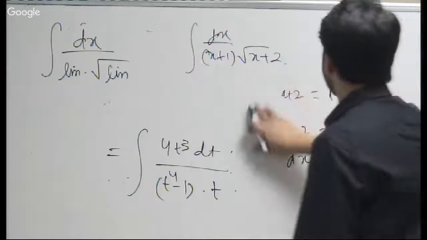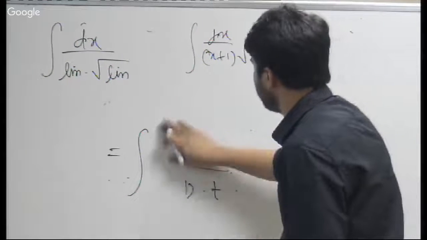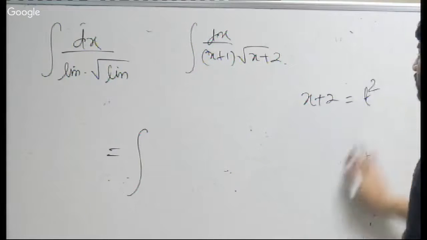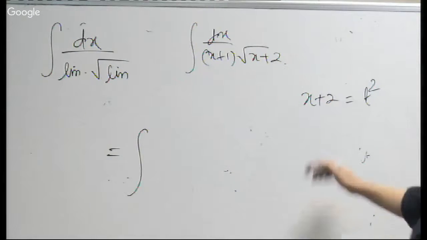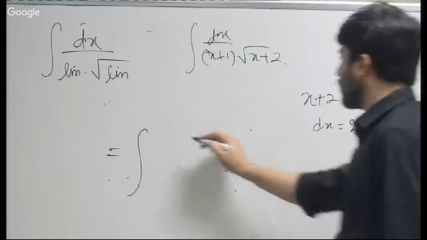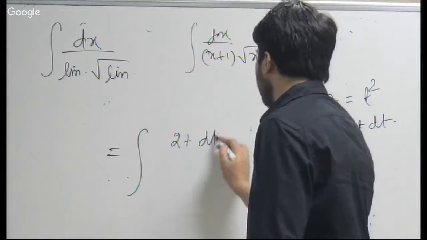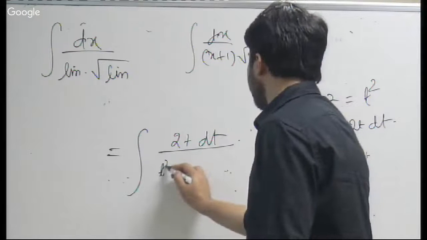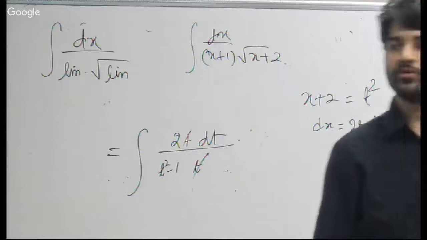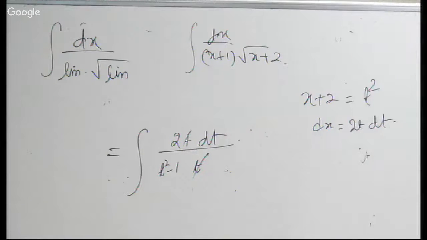Sorry. x plus 2 should be substituted as t square. So I can say dx as 2t dt. So I can write this as 2t dt upon (t square minus 1) into t. So it's a very easy thing now. 2 into dt upon t square minus 1. So you can easily handle this, right?